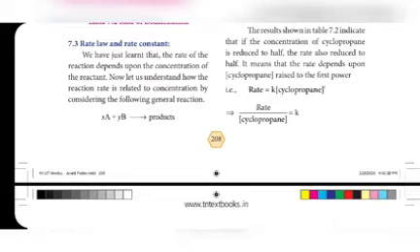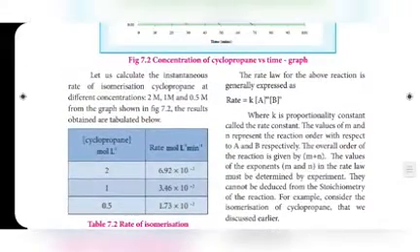Here we are trying to learn about rate law and rate constant. Simple. Rate law means rate is directly proportional to initial concentration of reactant. For understanding that, one reaction is given, and for this reaction we gave the rate law expression. And next, rate constant.